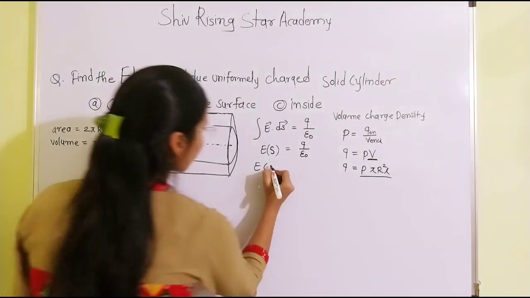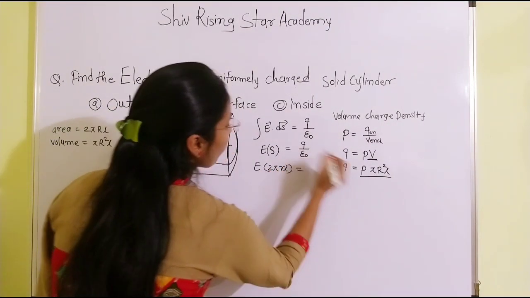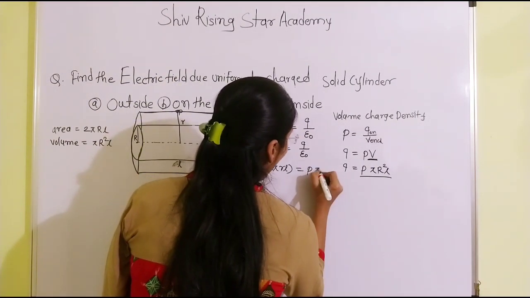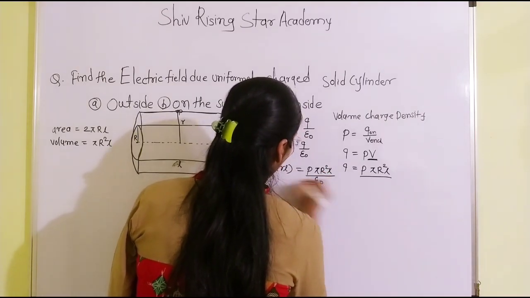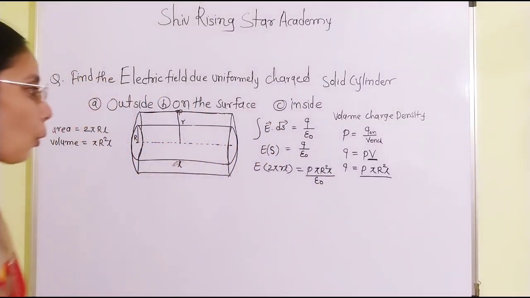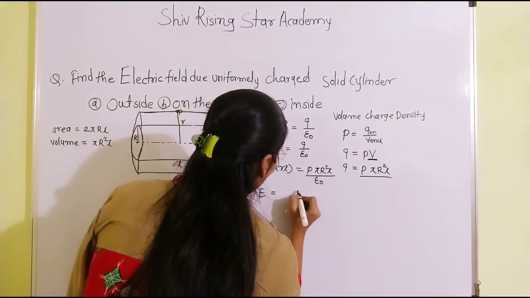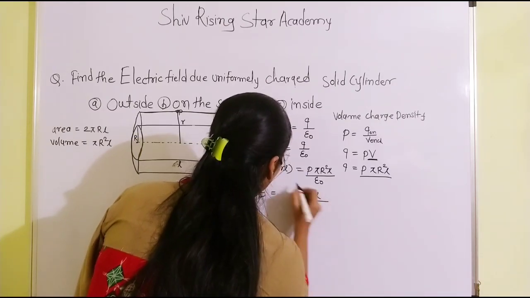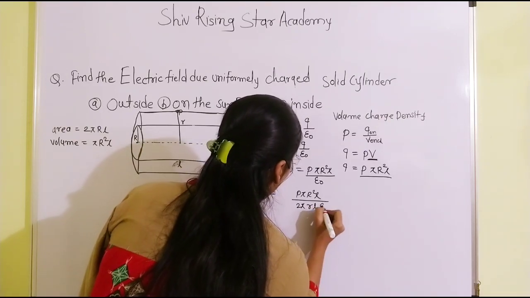So E times 2 pi r L is equal to Q by epsilon naught, and Q is rho pi R square L, so rho pi R square L by epsilon naught.